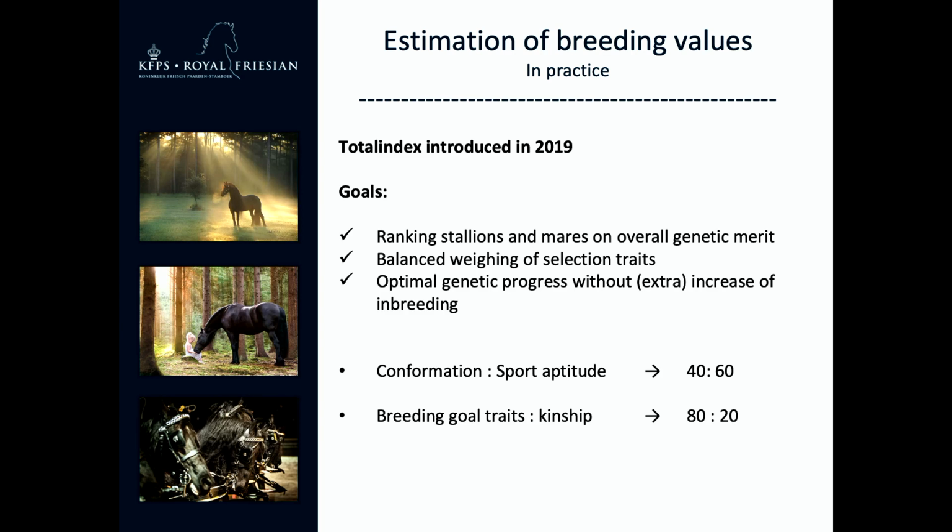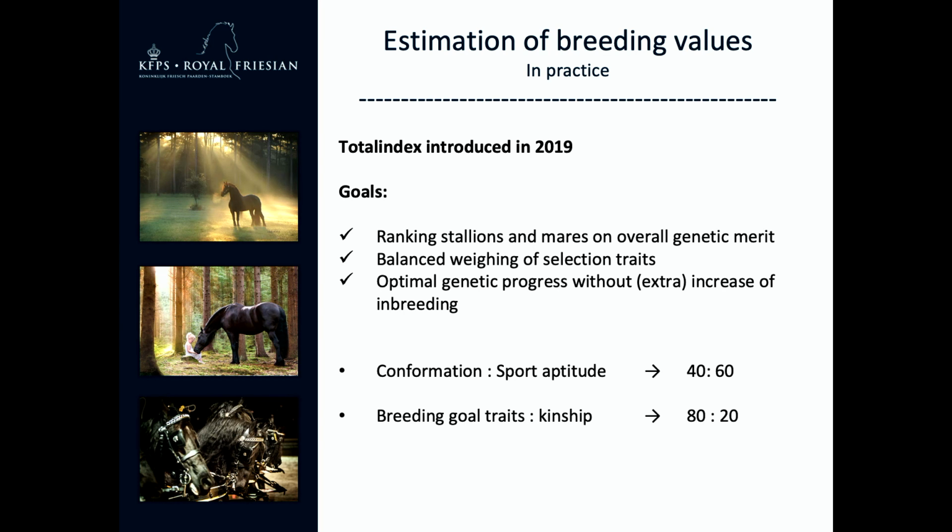And the overall genetic merit is a balanced weighing of our selection traits, where one selection trait is more important than the other. A third thing that's important is that we want to have an optimal genetic progress for all the selection traits, but we don't want an extra increase of inbreeding.